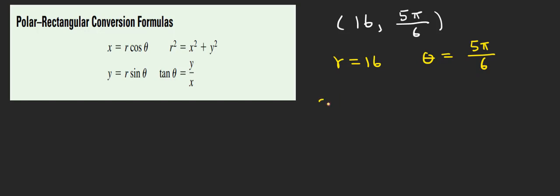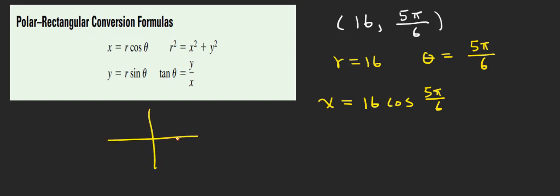So to get the x value, it's going to be 16 times cosine of 5 pi over 6. Now, 5 pi over 6 is the same thing as 150 degrees, isn't it? And 150 is in the second quadrant. So reference angle is 30 here, or pi over 6.